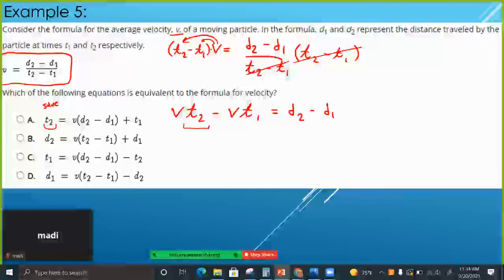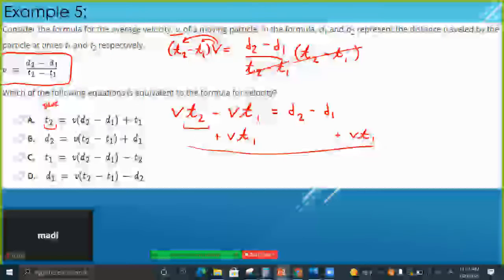So let's get the other term to go away. We're going to add V T1. So we've got V times T2 equals D2 minus D1 plus V T1. And then last step, we want to divide everything by V.